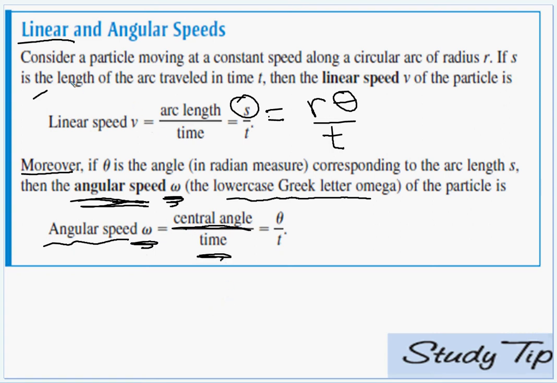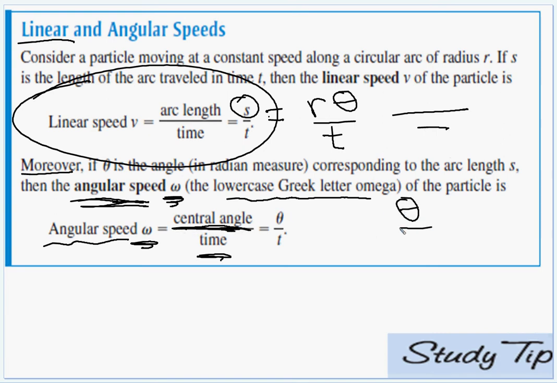Sort of like up here when we were doing linear speed, we did the length of our journey divided by the time it took to accomplish the journey. Here, our numerator is going to be the angle, the entire angle's measure, and we're going to divide that by some time units to get some speed at which the angle is changing.